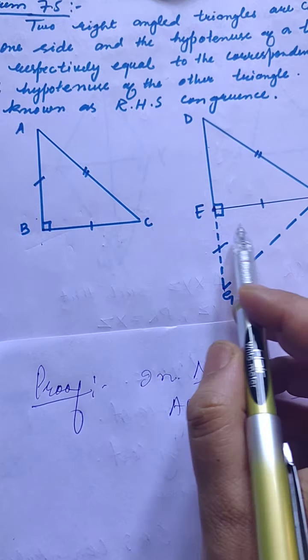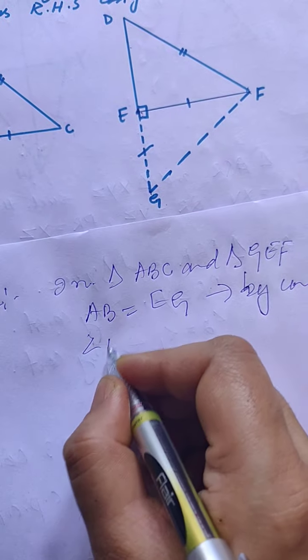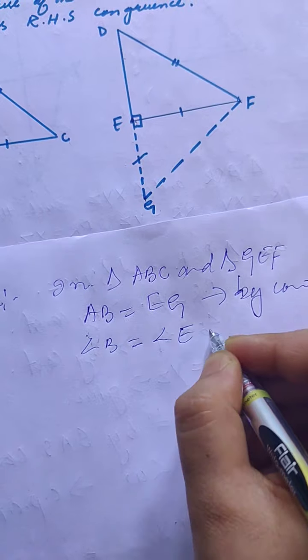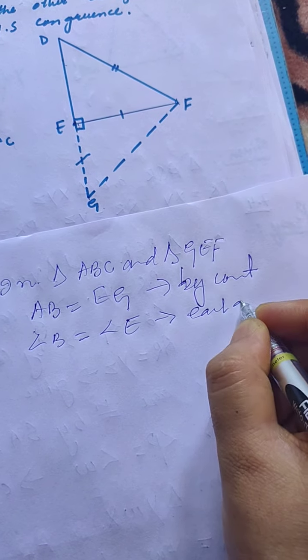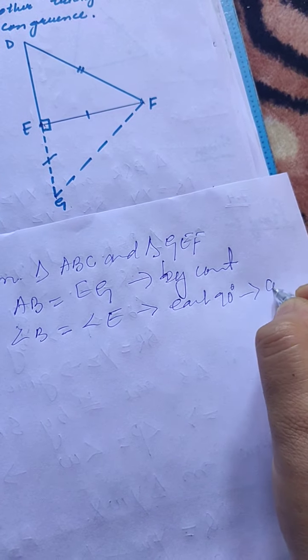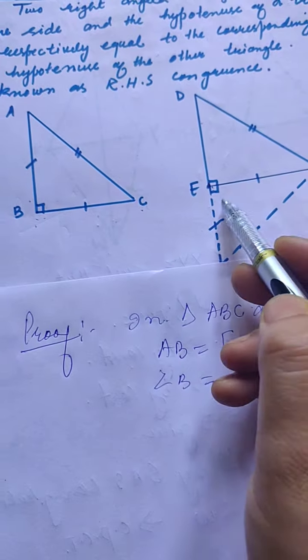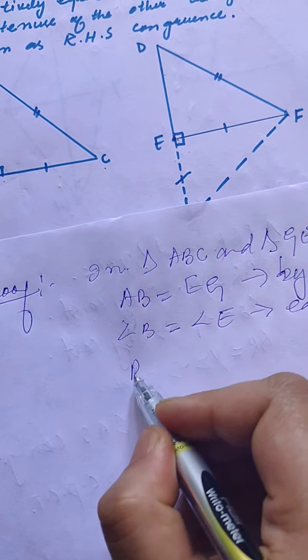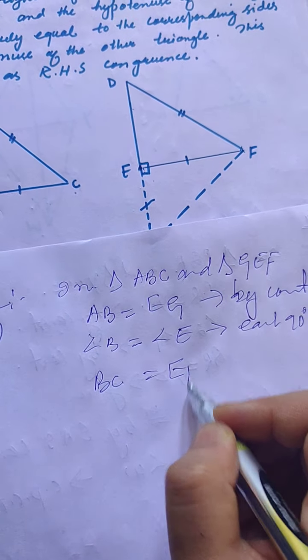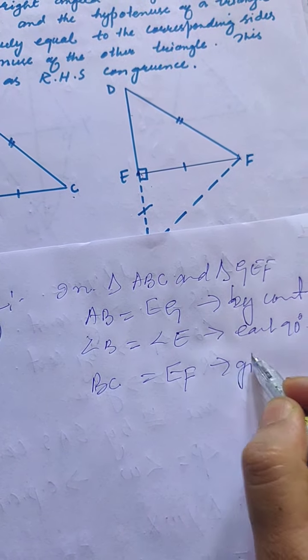Also angle B is equivalent to angle E, each 90, and this condition is also by construction. Now the third term is BC is equivalent to EF. This is the given condition.